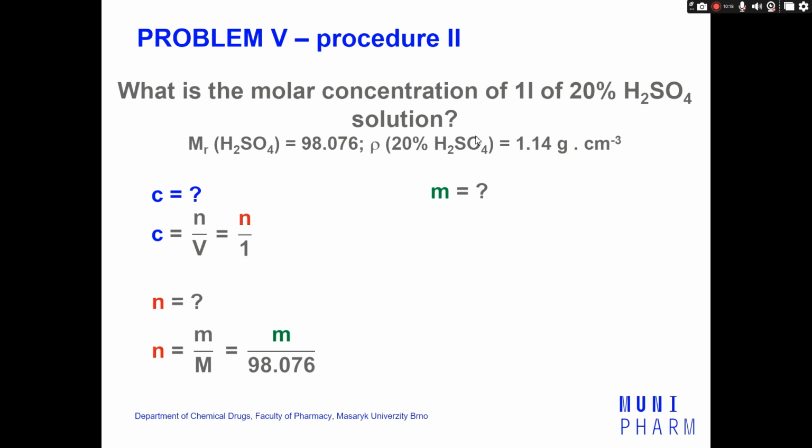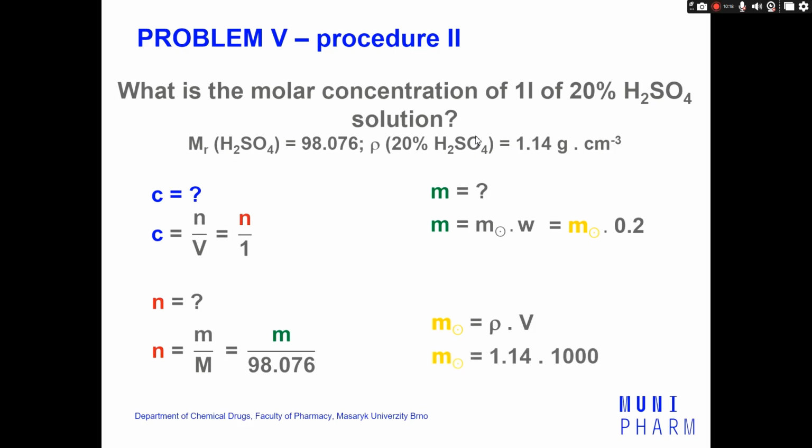I can calculate the mass with the help of the mass of the whole solution and the mass fraction. Once again, the mass fraction is known, but the mass of the whole solution is unknown. I can calculate it with the help of density and the volume.